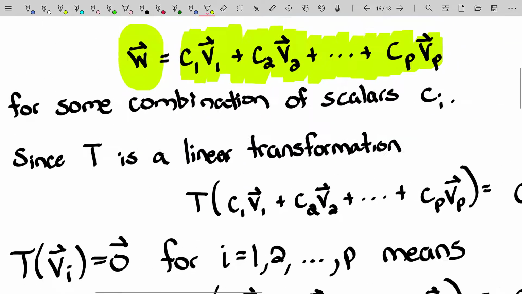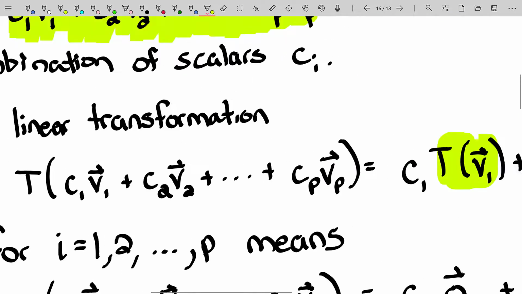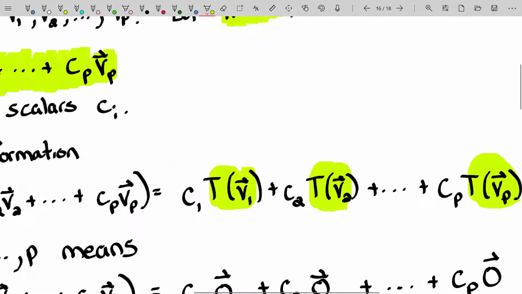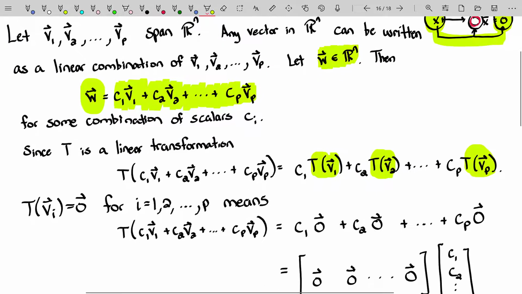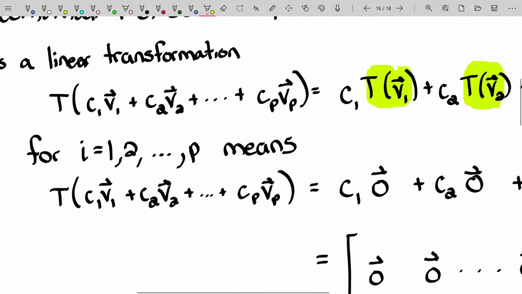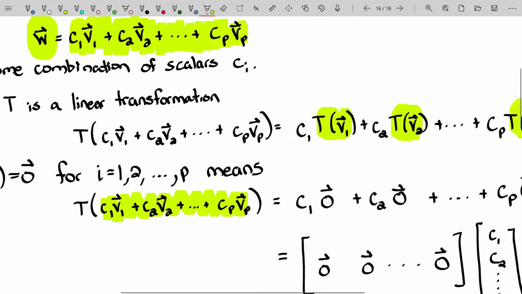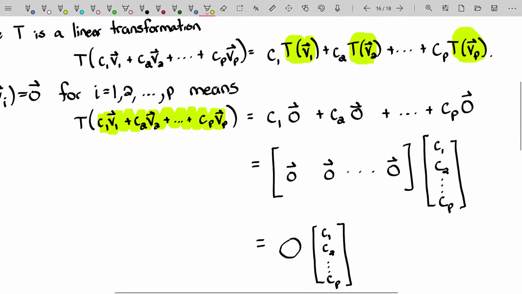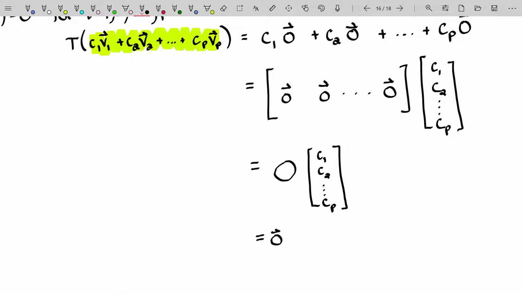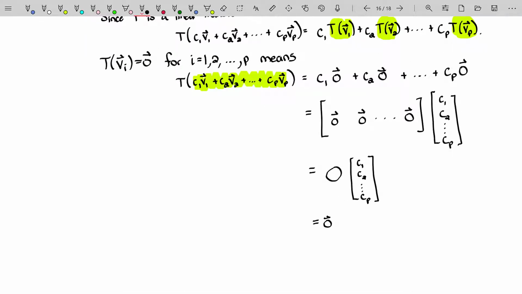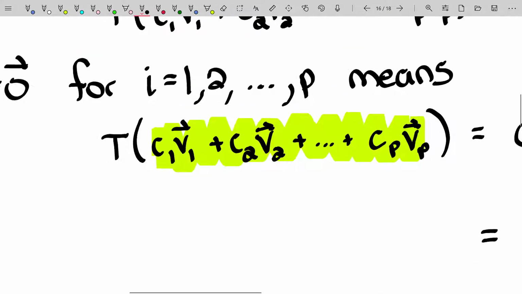Since T is a linear transformation, that arbitrary vector, which is this linear combination, turns into this summation right here, which, because all those T of v's turn to 0, turns into a sum of a bunch of zeros, which is the 0 vector when you finish this out. Now I'm going to really put a nail in the coffin so that the reader really knows that that highlighted linear combination is where I wanted to be.